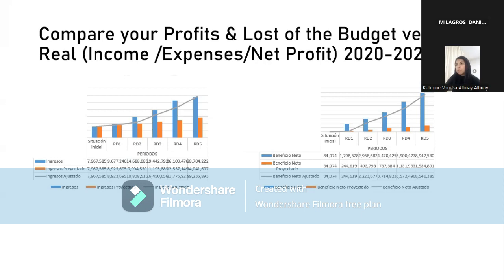Okay, now we are going to compare the profit and loss of the budget versus real incomes, expenses, and net profit according to 2020 to 2025.